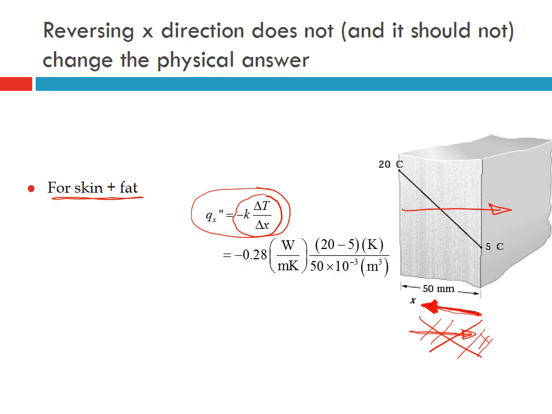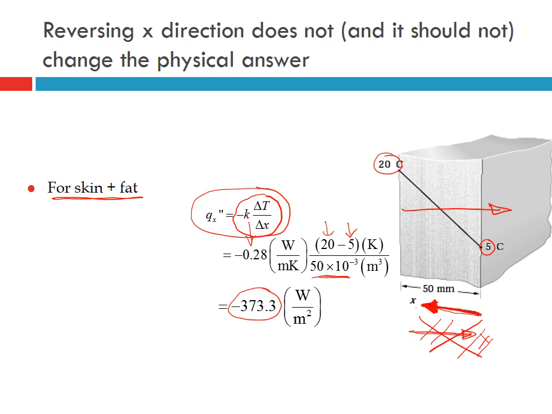So if I plug in the numbers, this time minus k and then del t, I'm going this way. So the point ahead is 20 minus the point behind, 20 minus 5 divided by 50 times 10 to the minus 3 is equal to minus 373 points. So we did not get the same answer.